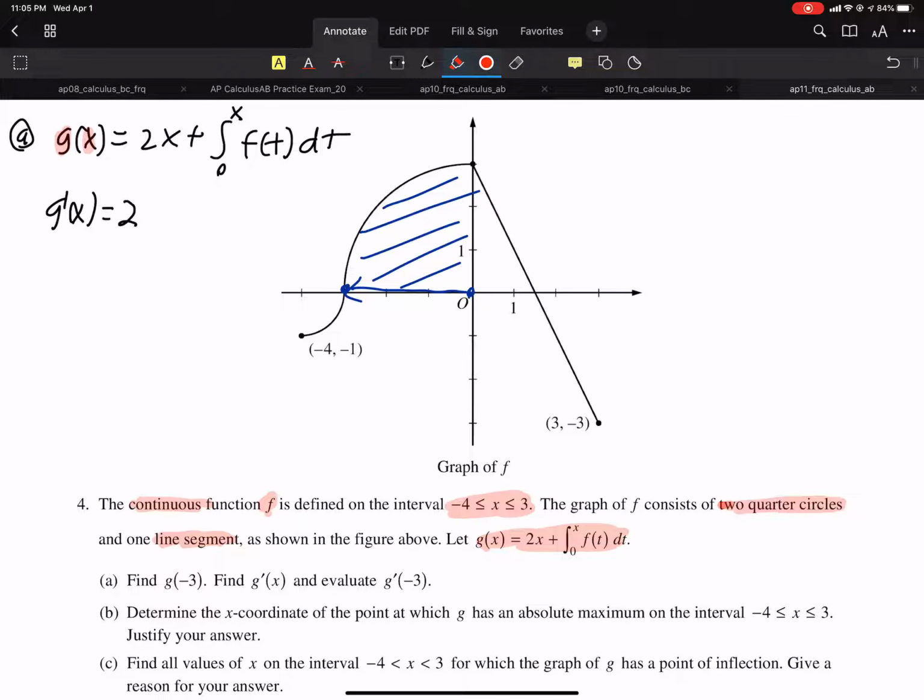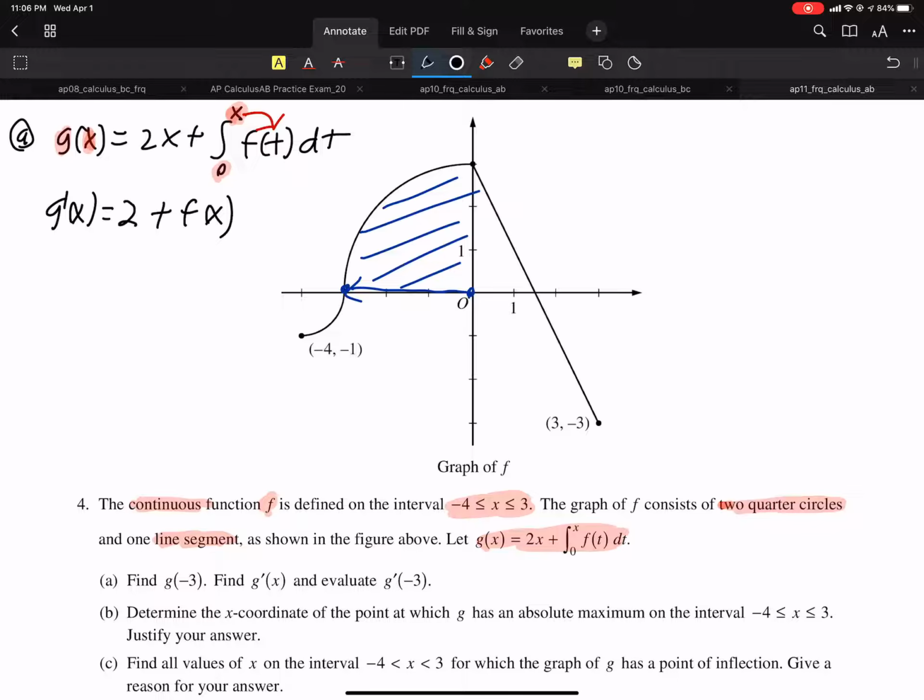If you take the derivative of an integral from a constant to your variable, so that variable has to match, then we learn all we need to do is plug that in for t. So we get f of x. So that is g prime of x.